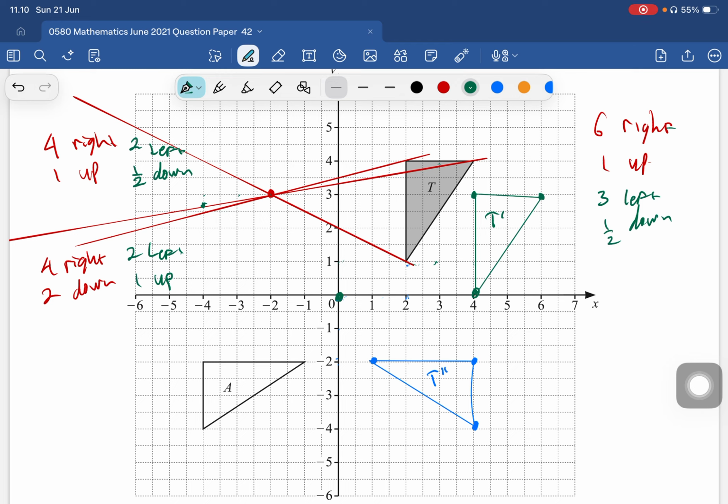Next, 2 left, 1, 2, and 1 up. Okay, here it is. The last we got 3 left and a half down. Let me count again. From the center, 1, 2, 6. Here is only 1. Okay, a half.